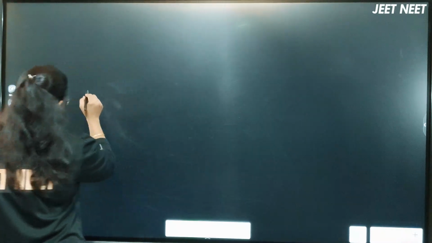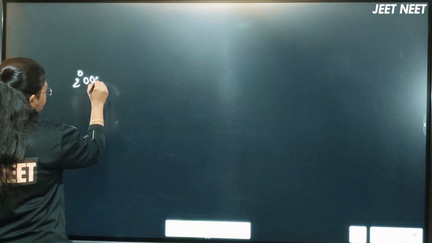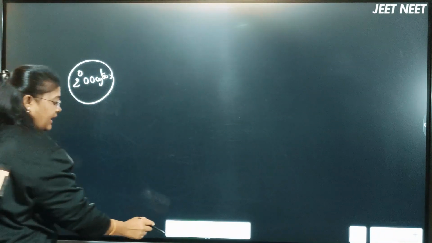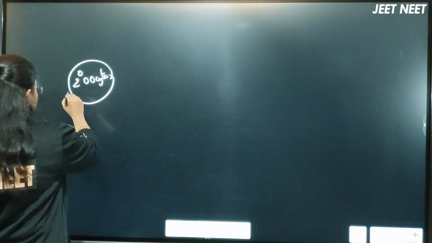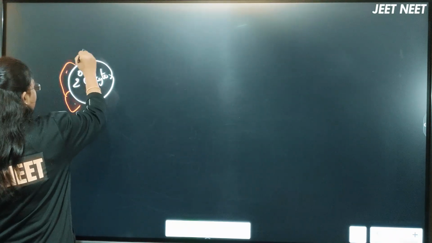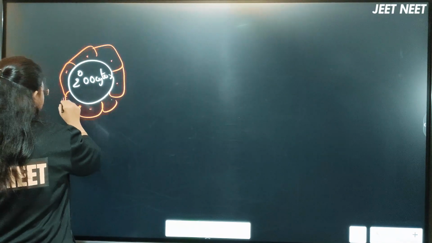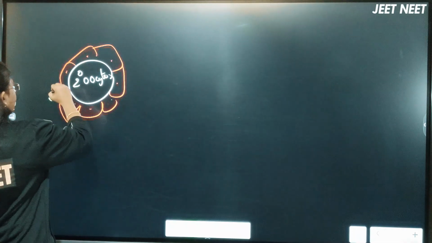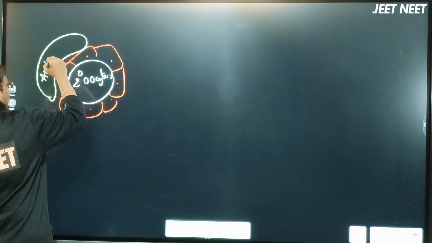Now I am drawing the tertiary follicle structure. Inside the tertiary follicle, which oocyte will be there first? Secondary oocyte, right? It is surrounded by granulosa cells. Along with these granulosa cells, it contains one cavity called the antrum.